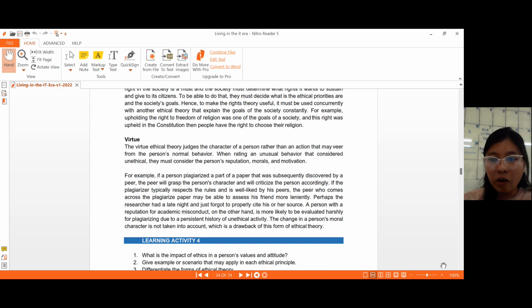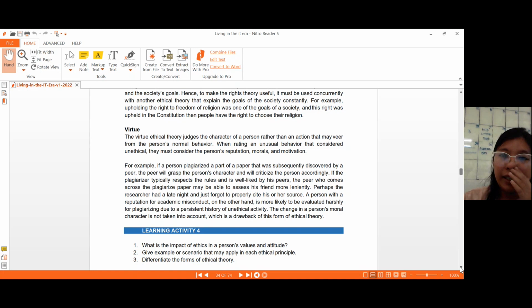So, pag ang isang tao, ang pinapahalagahan niyang virtue ay honesty, or patience, etc. Siyempre yun din yung magiging anchor niya or gagamitin niya sa kaniyang pagdedesisyon o sa kaniyang behavior or actions later on. Siyempre kung ang pinapahalagahan niya ay honesty, definitely hindi yan magpe-plagiarize, okay?